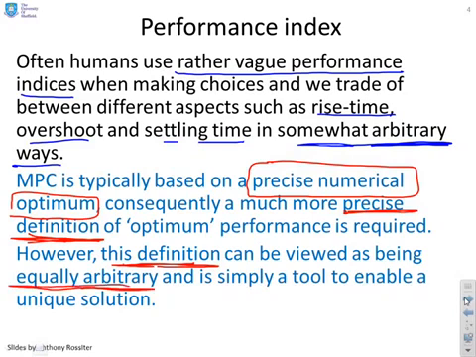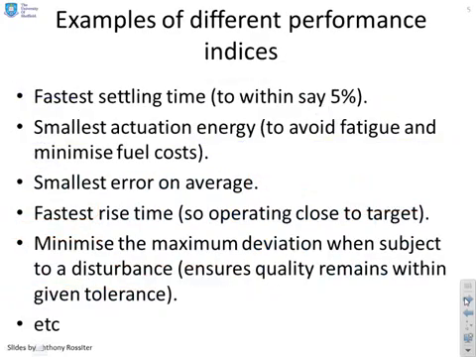And that might sound a bit perverse to you, but in practice that's the case. You need a precise numerical definition in order for it to work, but that definition can be arbitrary. And what you need to remember is this definition is a tool that is used to enable a unique solution. It simply makes life easier.